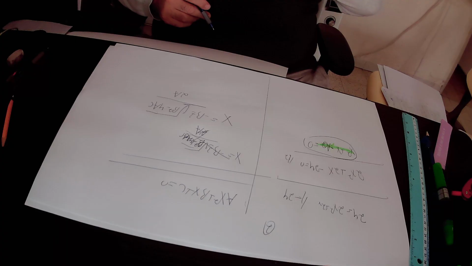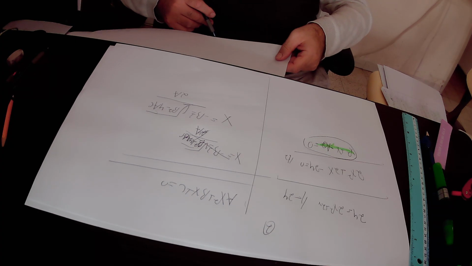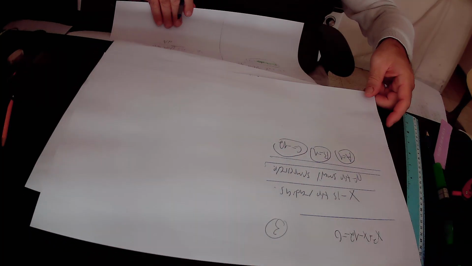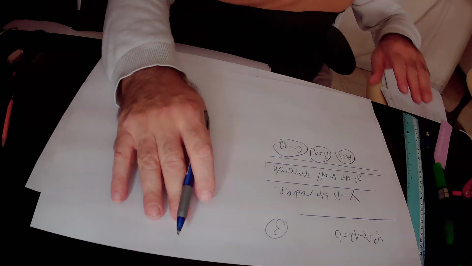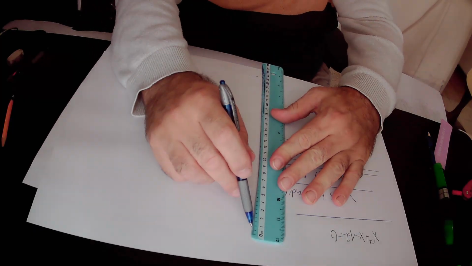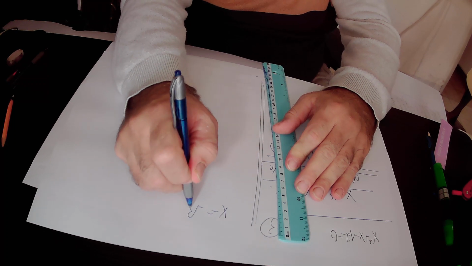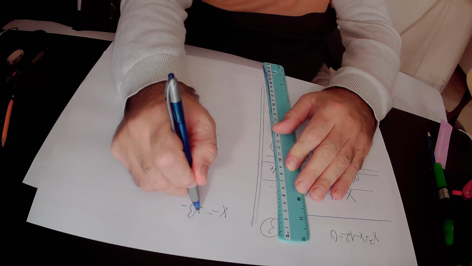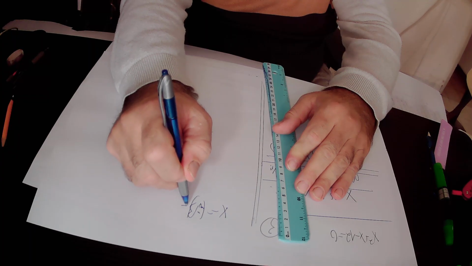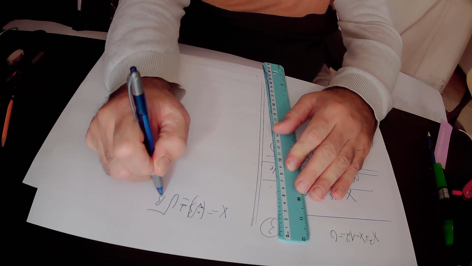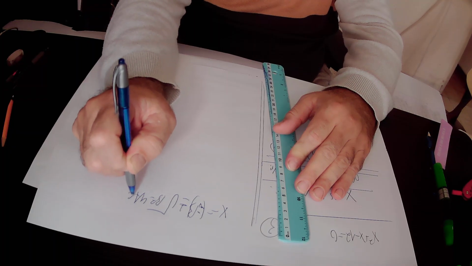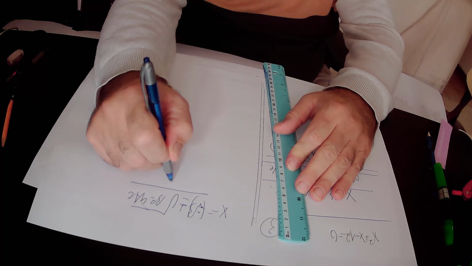So copy again the general formula for x: x equals minus b plus minus square root of b squared minus 4 times a times c over 2a.